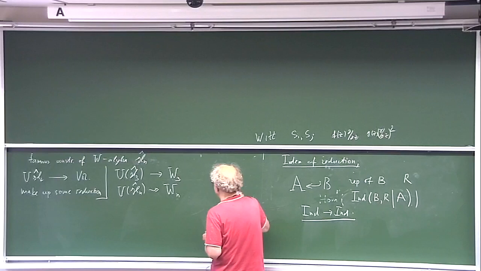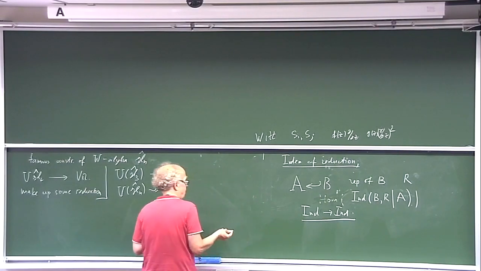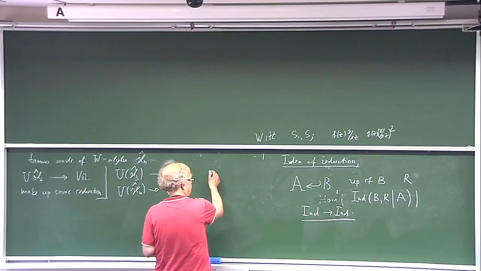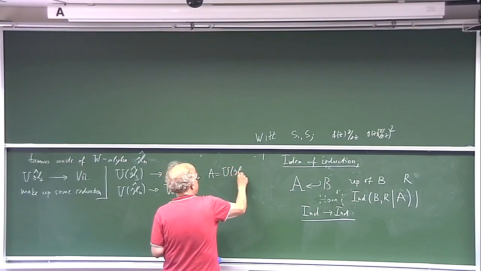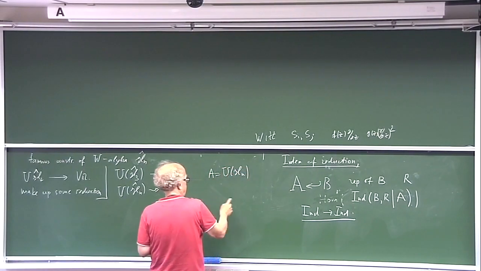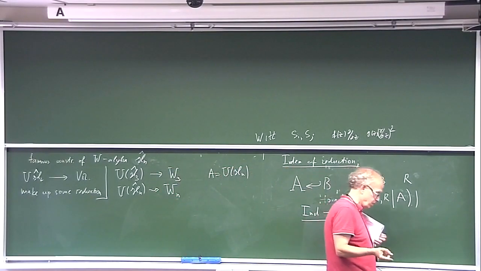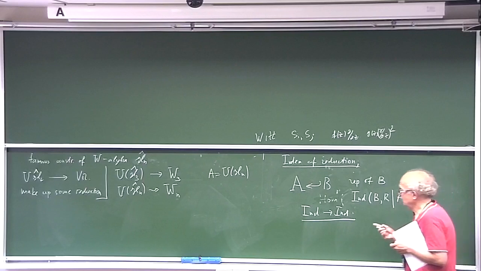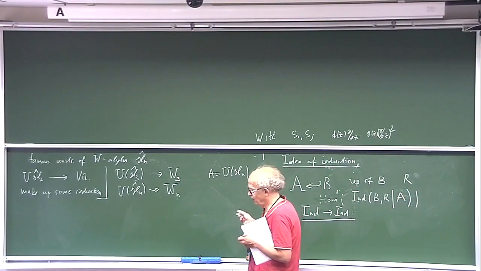So it means that I can play with this construction in many ways. One way, I can take A as a universal enveloping algebra of GL_N, for example. And I can try to repeat what I said about GL_N over a finite field.